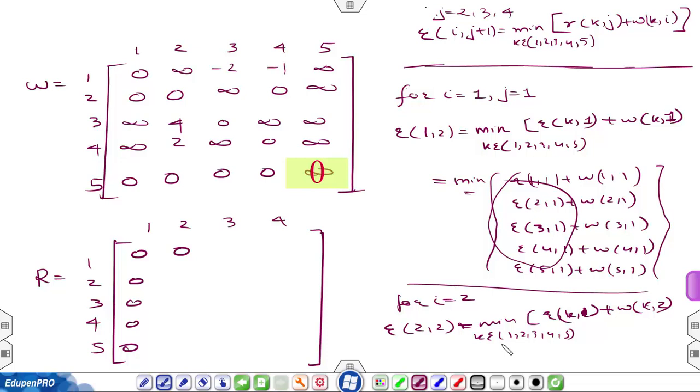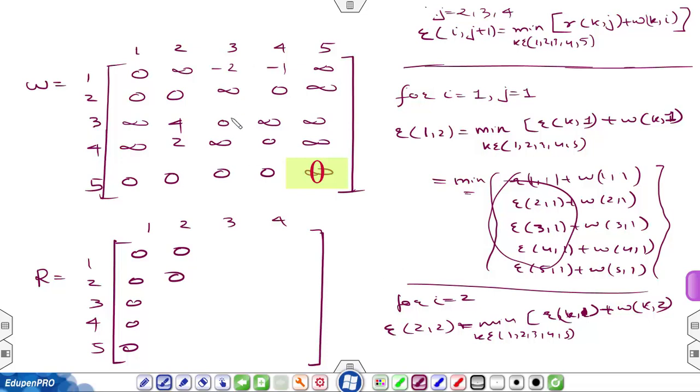Again here, for different values of k comma 1, this refers to the first column in matrix R, which is 0. So directly you can refer to the second column in the weight adjacency matrix and select the minimum one, 0. So the value will be 0. No need to do these tedious computations again and again.